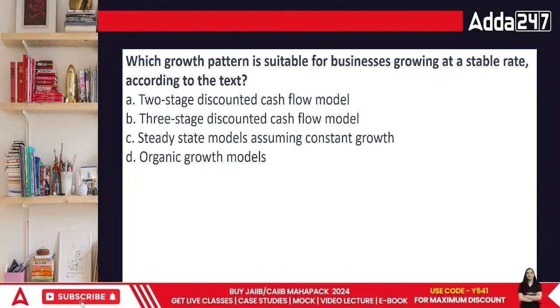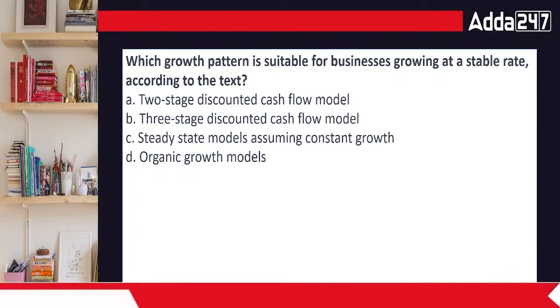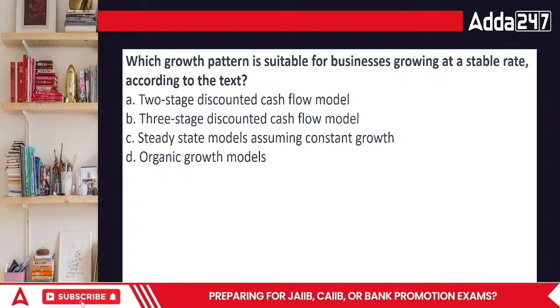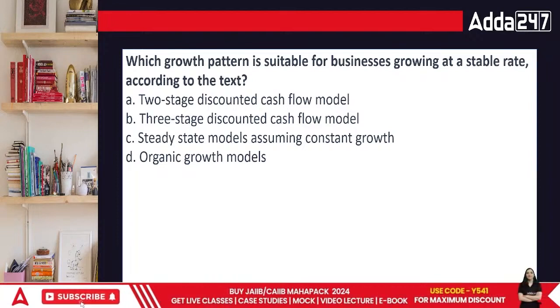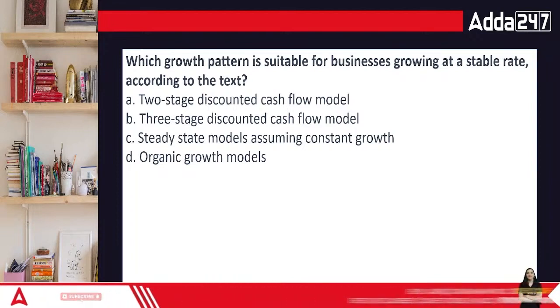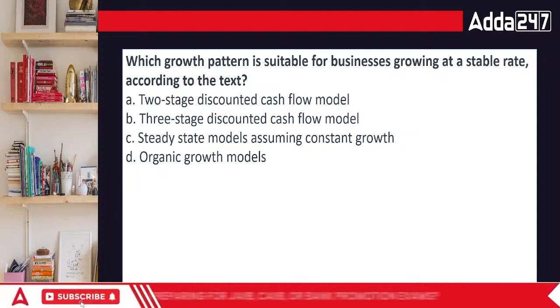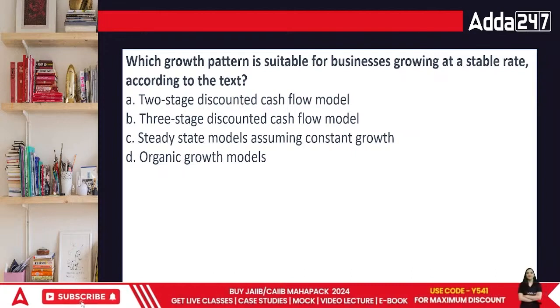Let's talk about which growth rate is weighted to the rate of stable rate in the two-stage discounted cash flow model, or three-stage discounted cash flow model, or then is steady growth, steady state models assuming a constant growth pattern.